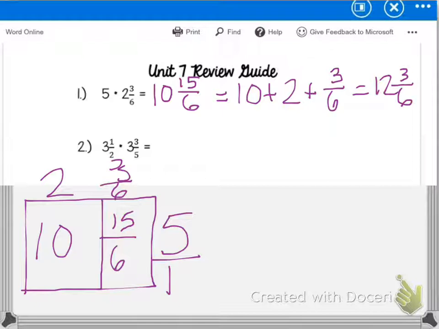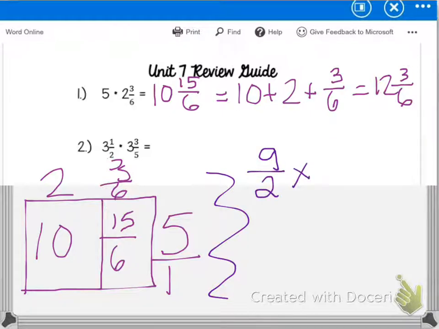Now, for our second one, we are going to use the improper fraction method. So, to find my improper fraction, I'm going to take my denominator and multiply it by the whole number. So 2 times 3 is 6, plus 1, my numerator, is 7. So I have 7 over 2 times. My next one, the denominator is 5 times my whole number 3 is 15.